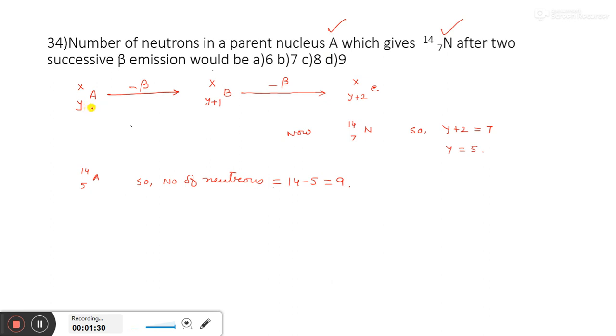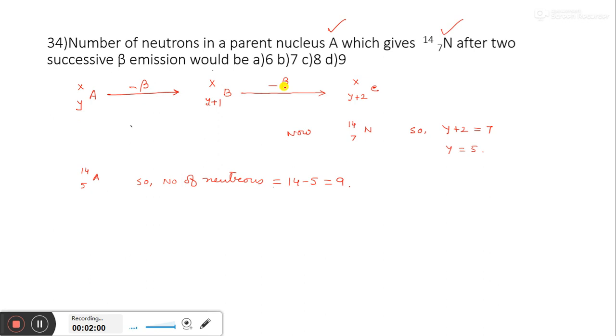We know that when beta emission takes place, the mass number of the element remains unchanged, but the atomic number increases by 1 unit. So when A emits a beta particle, its mass number x remains unchanged, but its atomic number increases by 1 unit. So the atomic number of B is y plus 1.